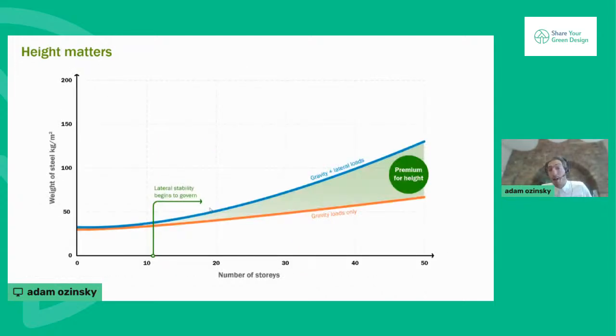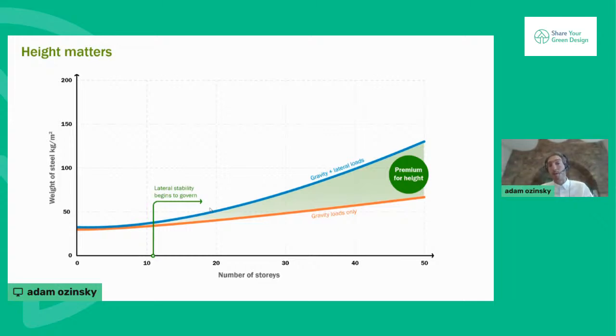As Kelly mentioned earlier, height matters. There's some basic physics to this. What you see, fundamentally, and anyone who's designed a high rise will know this, is that from about 10, 12 stories, your lateral loads begin to govern. What that means is that not only are you trying to hold the building up, but you're trying to prevent it from blowing over in the wind.